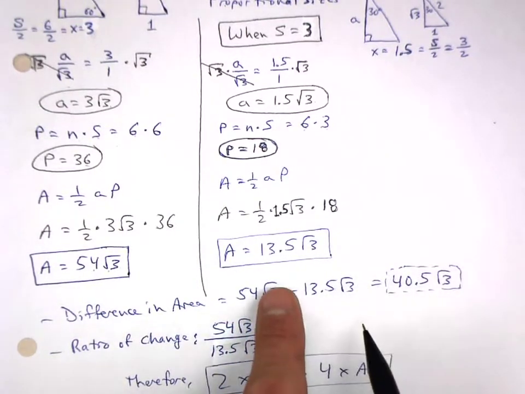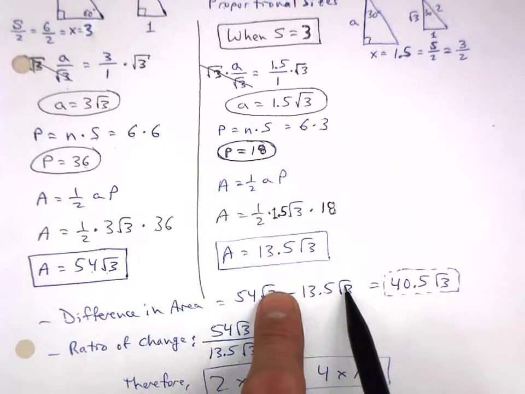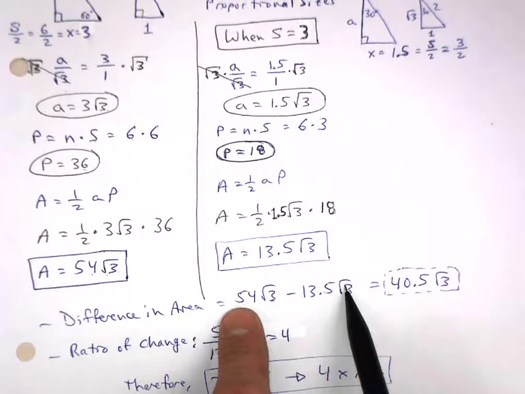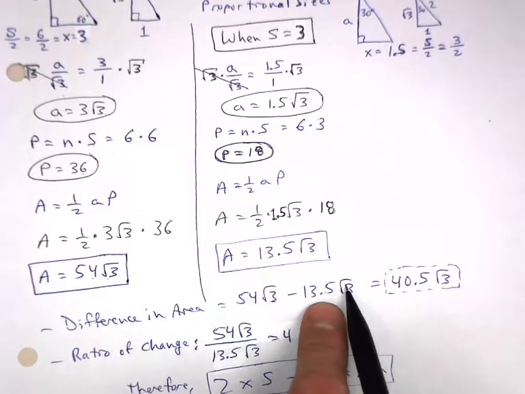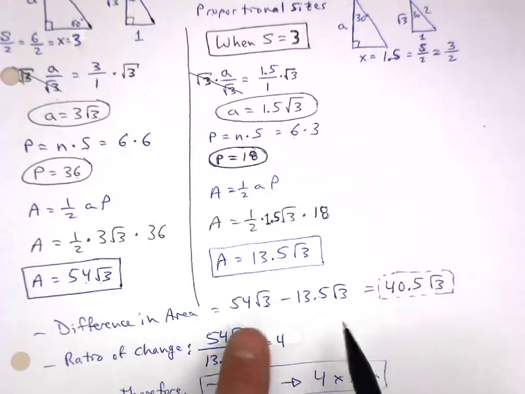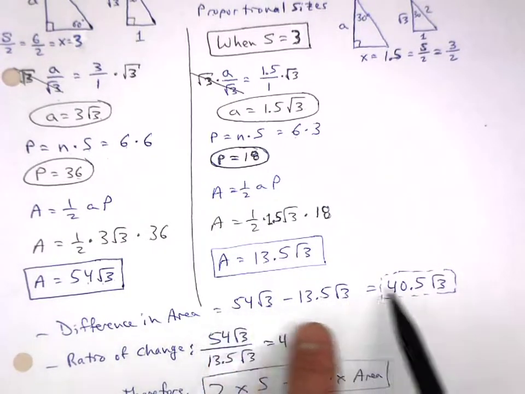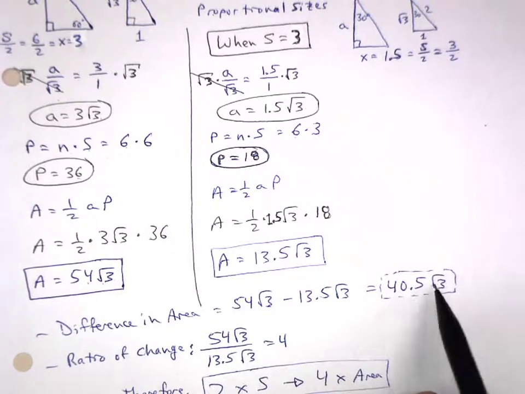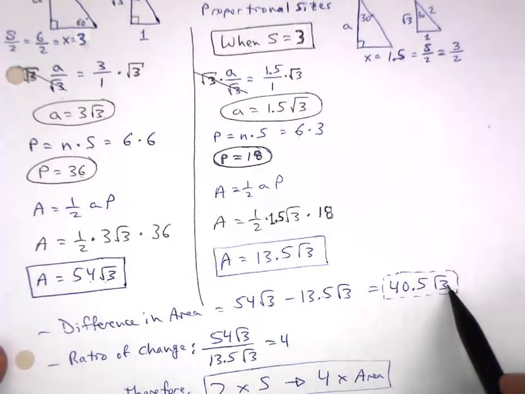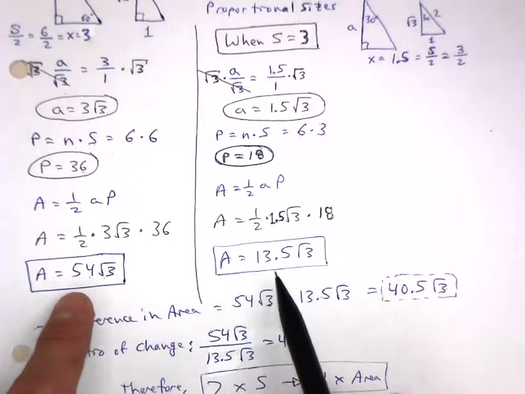If you had 54x minus 13.5x, that's simple enough. You just say 54 minus 13.5, and keep the x there, right? Same idea with the square root of 3. Just subtract those two, and you get 40.5 square root of 3. That's the difference between those two areas.